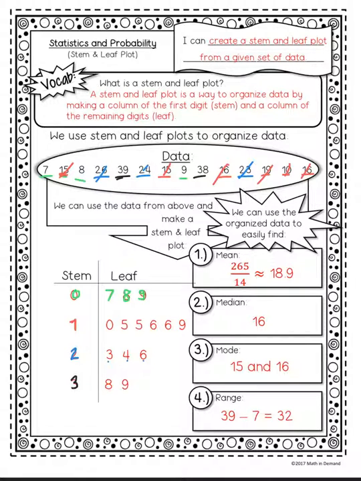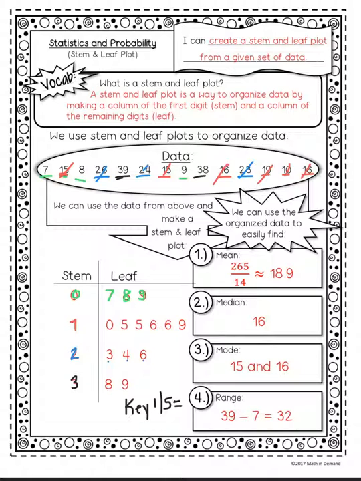A lot of times we also put a key. A key in our stem and leaf plot could say 1|5 is equal to... I'm out of room here. Let me erase and make this a little bit better.